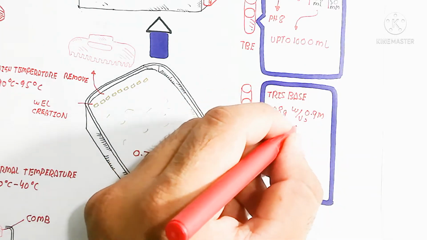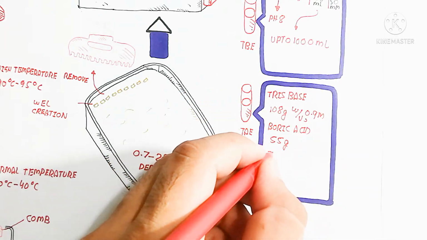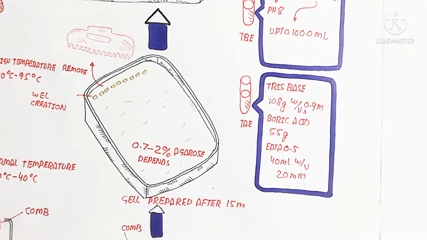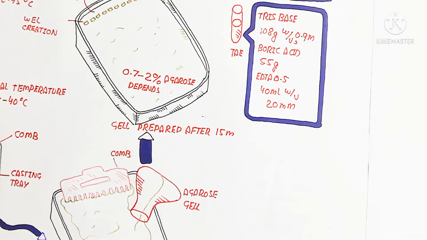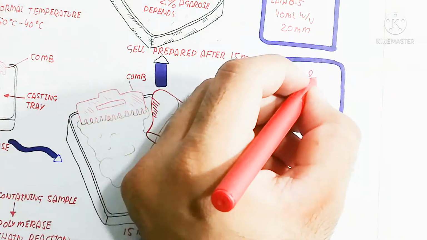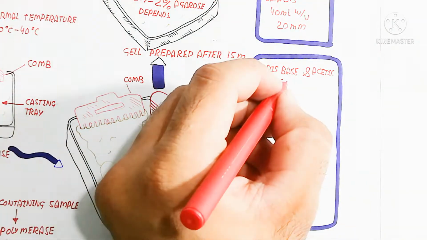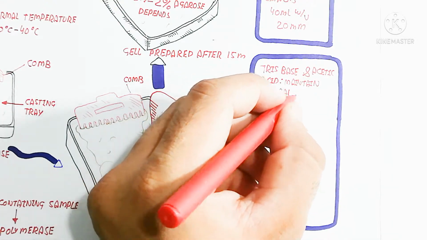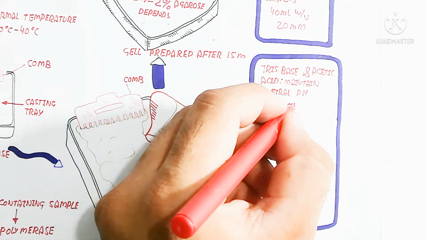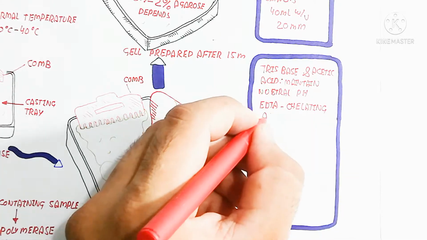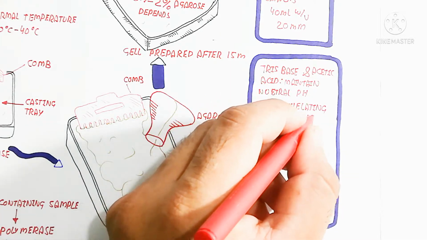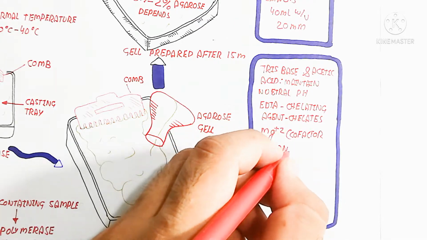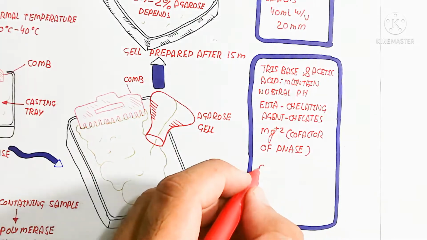While on the other hand TAE is the trispace containing 108 gram weight per volume and 0.9 mole. On the other hand, boric acid 55 gram and EDTA 0.5 and 40 ml per volume per weight per volume and 20 millimole. Here the trispace and acetic acid maintain neutral pH.